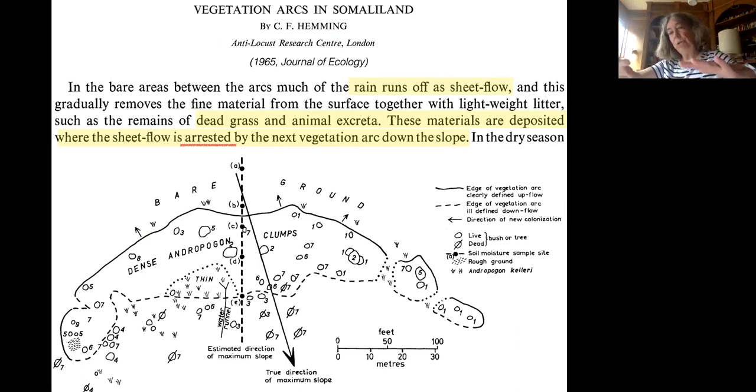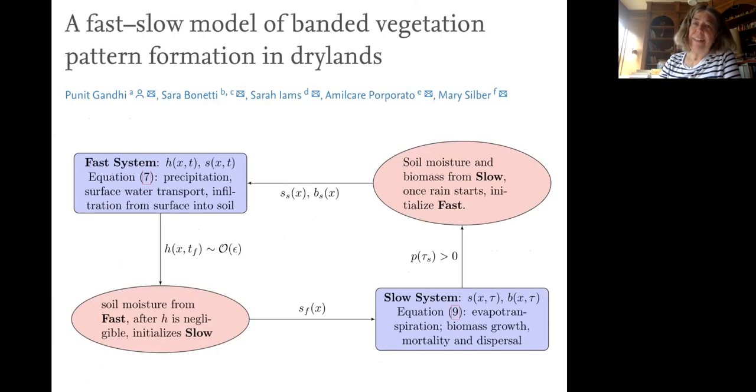So you have a big storm, the rain coming across the bare soil in a big sheet, bringing with it plant litter and animal excreta, and it deposits that where the sheet flow gets arrested at the edge of the vegetation band. Okay, so we wanted to bring in some of this, but it means trying to resolve the timescales of rain events.